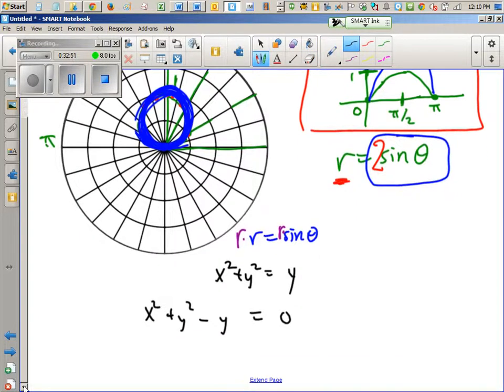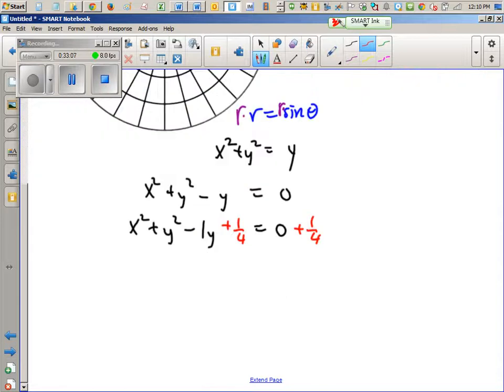You could complete the square like you did in your Algebra 2 class. What's half of 1? Half. Square that. 1/4. You could add a 1/4 here and add a 1/4 here. And this factors beautifully into x squared plus (y minus a half) squared equals 1/4.